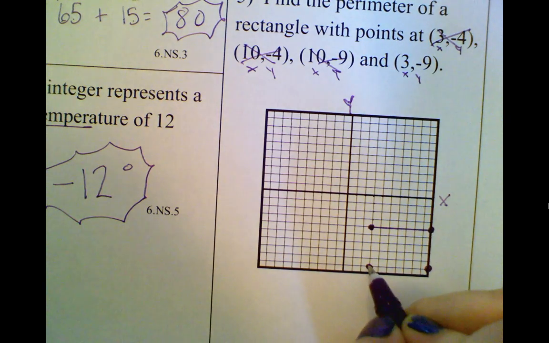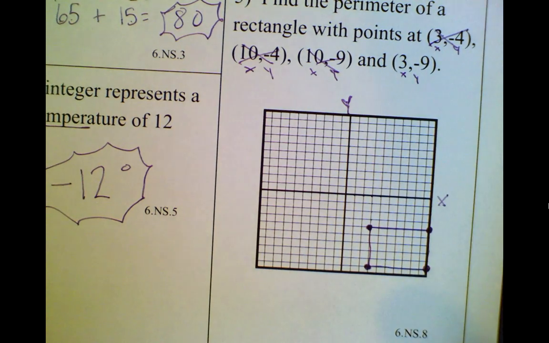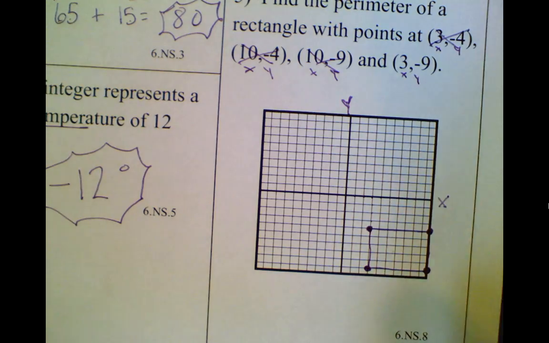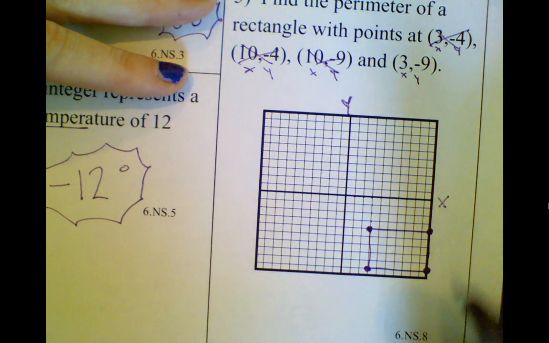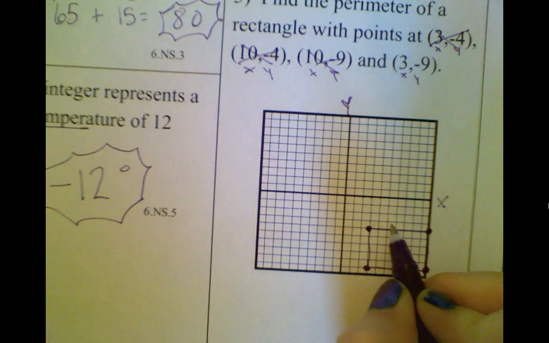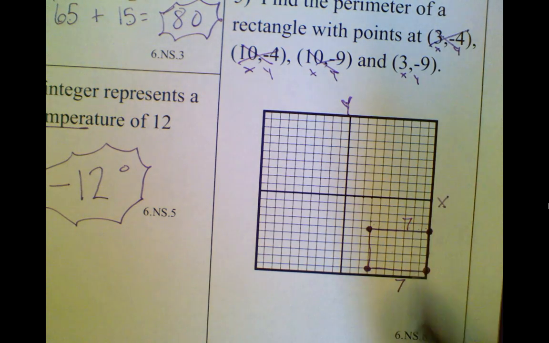So remember, perimeter means distance around, like if you were to run around the box. Area is all the stuff that is inside the box. So remember, for perimeter, you multiply each side by 2, or you could just add up all the sides. So we got 1, 2, 3, 4, 5, 6, 7. So we got 7 here, and that means the other side is 7.